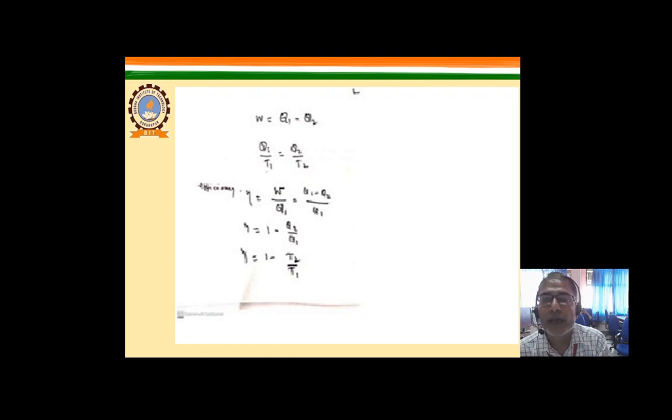So we can say Q1 upon T1 is equal to Q2 upon T2. So efficiency will be W upon Q1, that is Q1 minus Q2 upon Q1. So efficiency is equal to 1 minus Q2 upon Q1, that is equal to 1 minus T2 upon T1. So efficiency will always be less than 1.